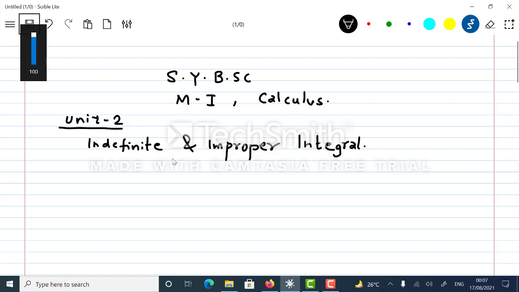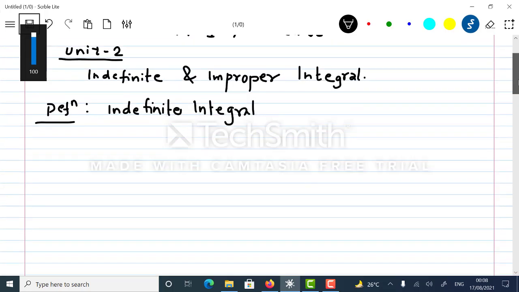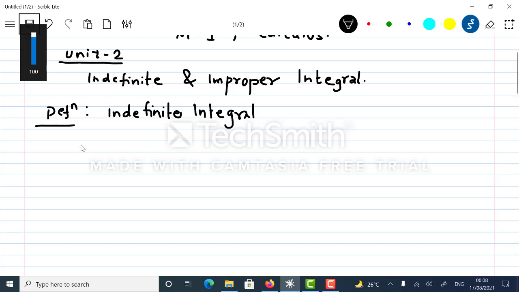So let's define some of the terms. First definition, indefinite integral. Let f from closed interval a comma b to R be a Riemann integrable function.